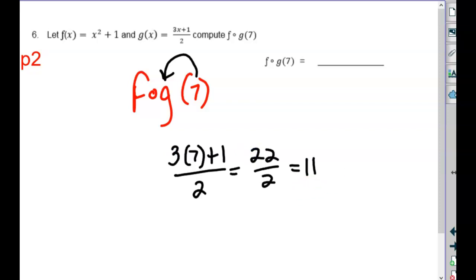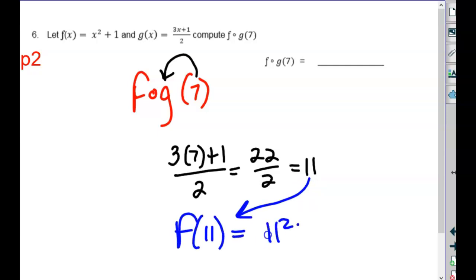And then we plug that answer into f, so it's f of 11. 11 squared plus 1 would be 122, I think. Did someone else do that and get that answer? Okay, I don't think I made any arithmetic mistakes. We good?